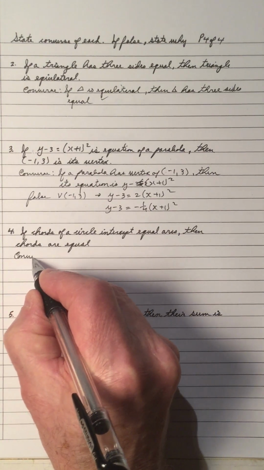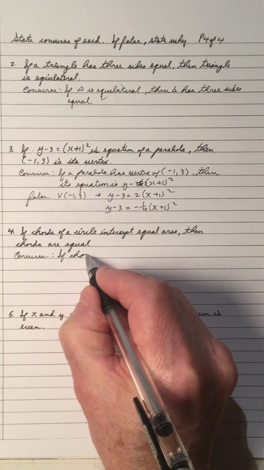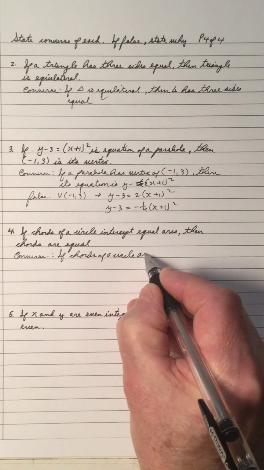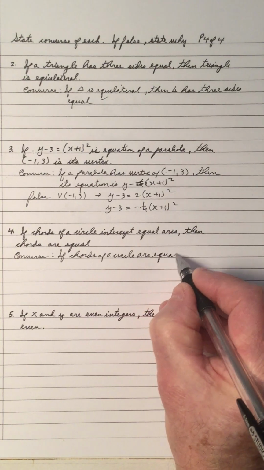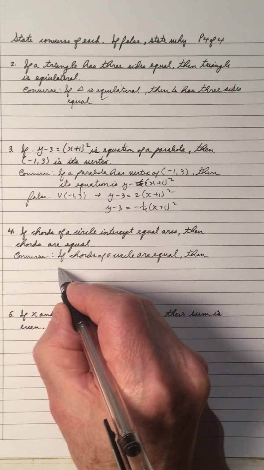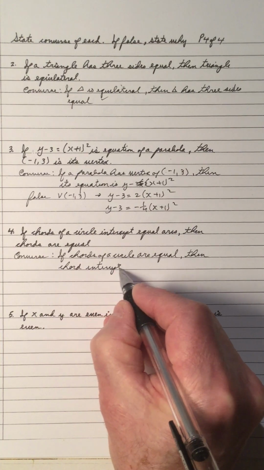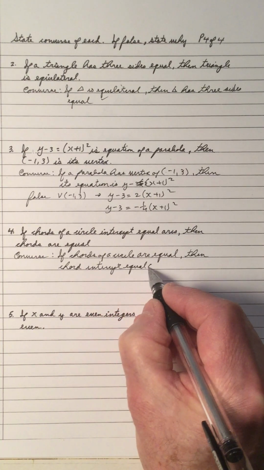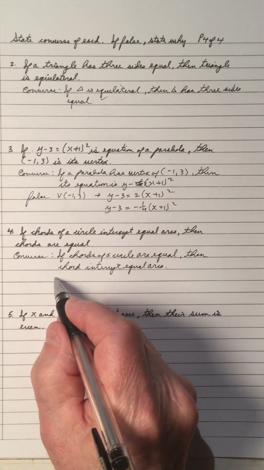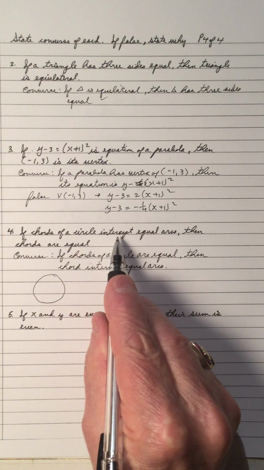So the converse is if the chords of a circle are equal, then the chords intercept equal arcs. And again, that's true.